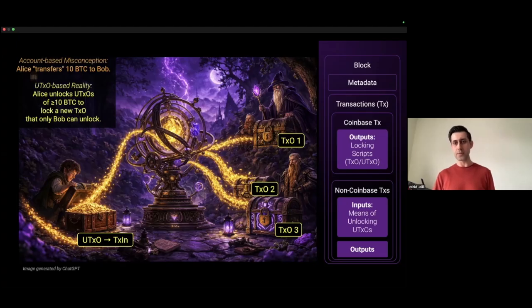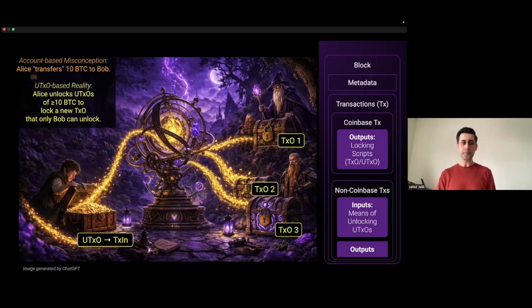What in fact happens is you provide the means to unlock something that was previously locked for you. So you are the only one who has the unlocking script. You can unlock it, and if you unlock, let's say, 10 Bitcoins, it is an atomic unit. You cannot use just a portion of it. If you unlock it, you have to use all of it, or you will lose it, right?